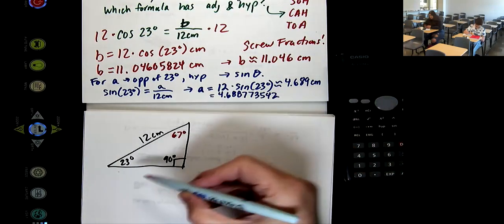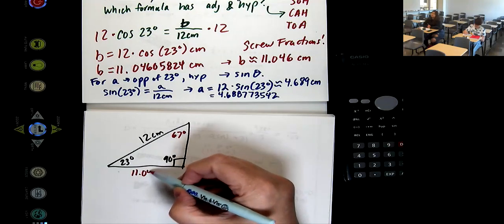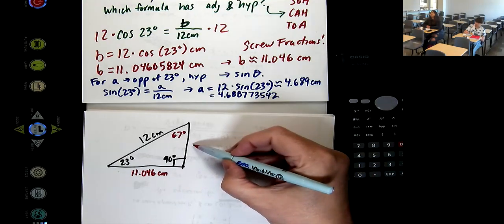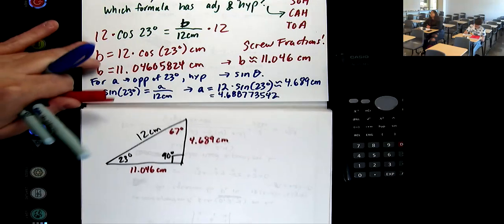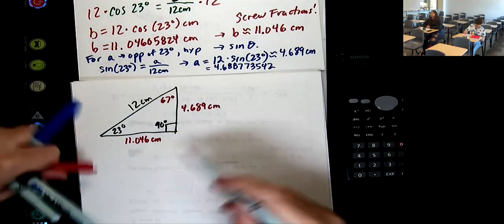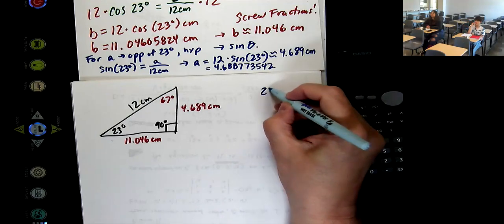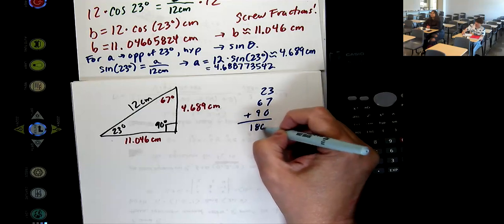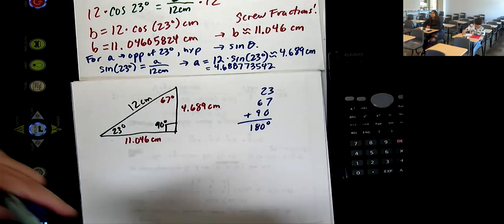We calculated B, which was down here, to be 11.046 centimeters. And we calculated A to be 4.689 centimeters. I have all three sides and I have all three angles. My angles, if I add them all up, I get 180 degrees, as every triangle has.